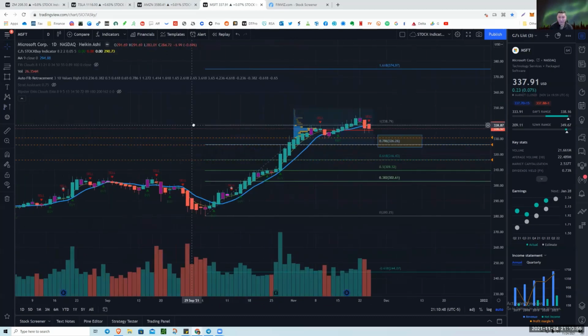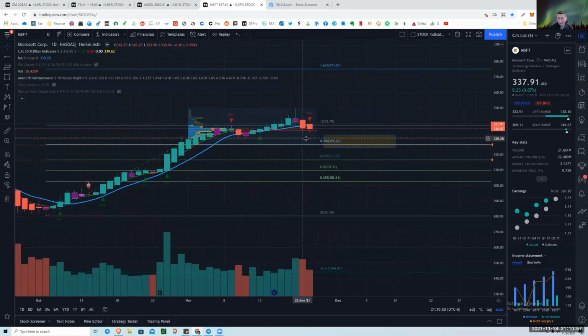Looking at it over 3 weeks, this red line right here, 335, serves as a point of control over the past 3 weeks. Volume has been all over the place, but the greatest amount of people buying and selling is at that level, 335. So it's fairly decent. That's good support for Microsoft.